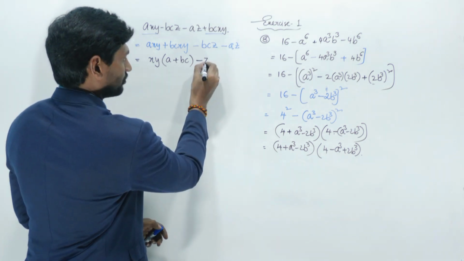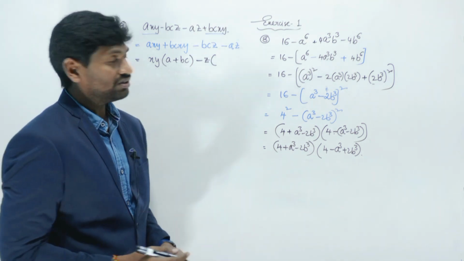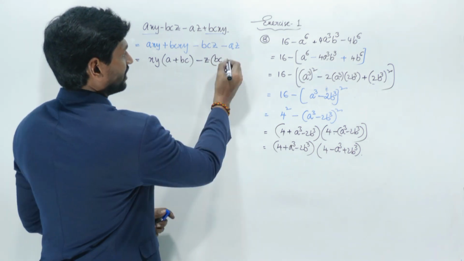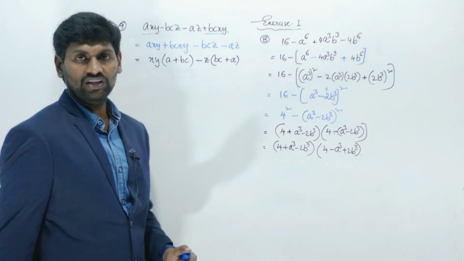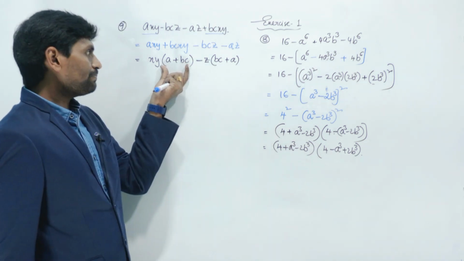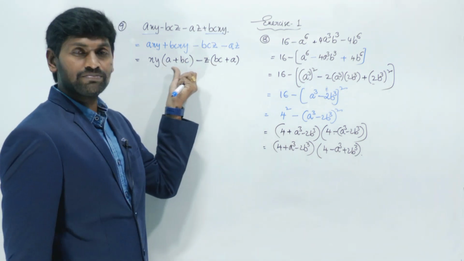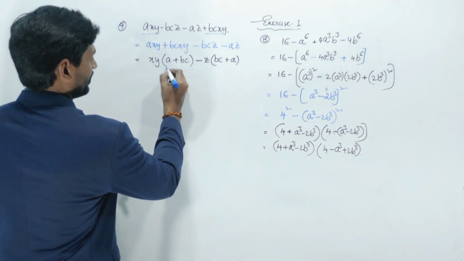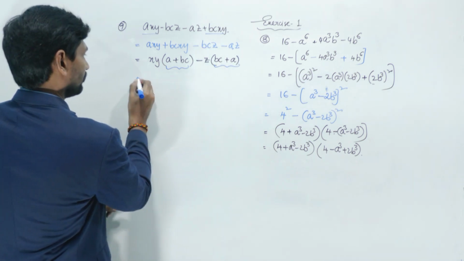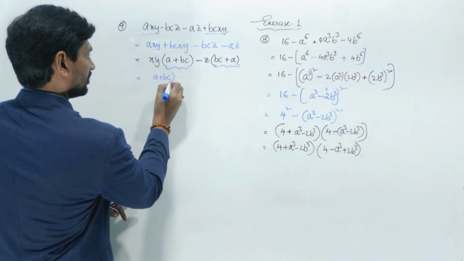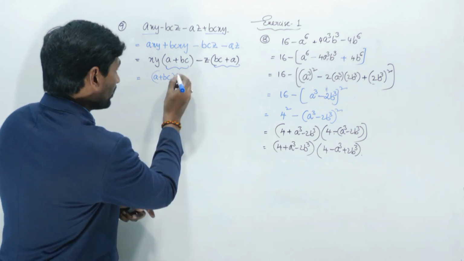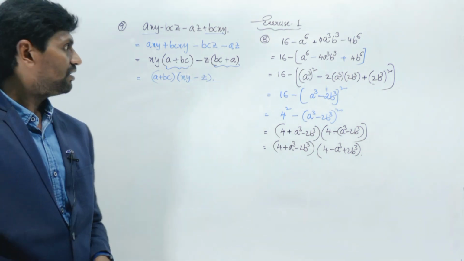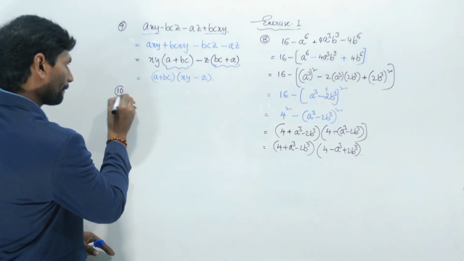Then BC and A remain. BC plus A and A plus BC are both the same, so we can take A plus BC as a common term. That means from the first term XY remains and from the second term Z remains. That's it. Let us go to problem number 10.